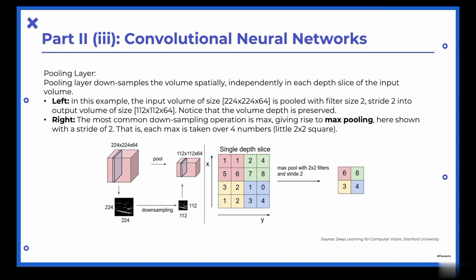This is only possible if the pooling filter size is set to 2 and the stride is set to 2. The right-hand side image shows one slice from that volume. The slice shape is 4 cross 4, and with a 2 cross 2 max pooling filter, which takes the maximum value of the pixels in that area, the size has been reduced to 2 cross 2.